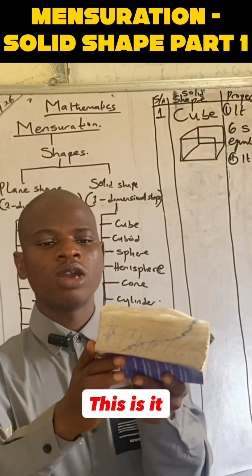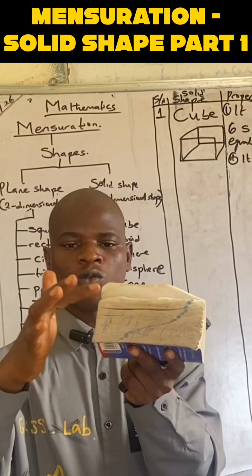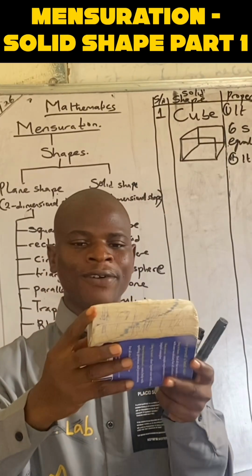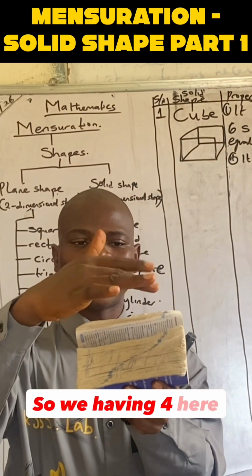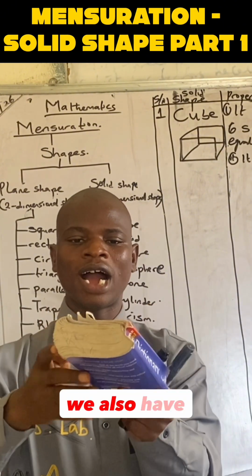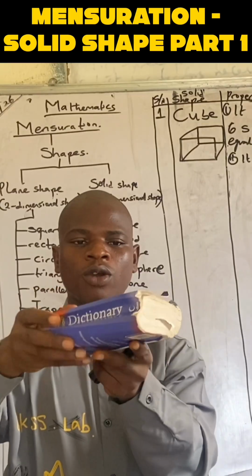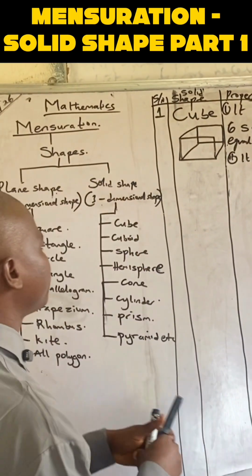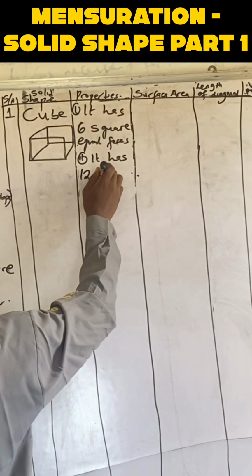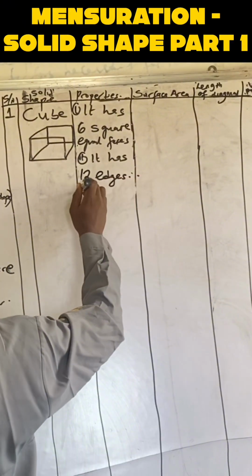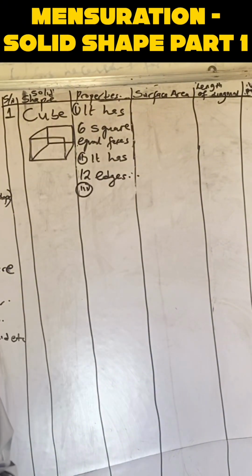We are having 4 here, 4 here, and 2 here, making 12. It has 12 edges.